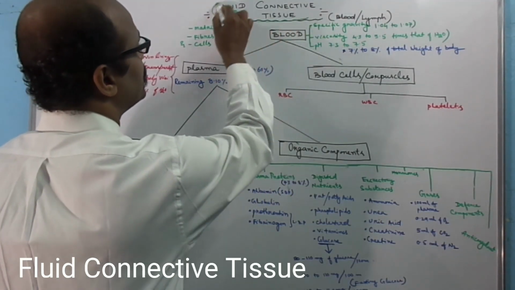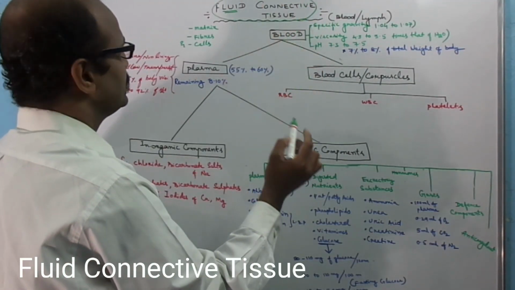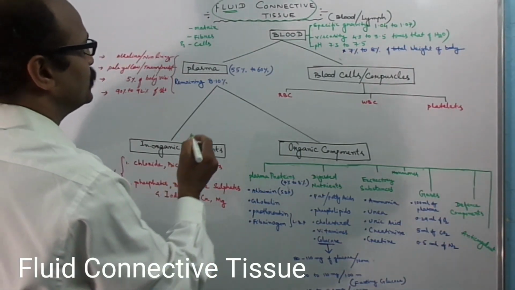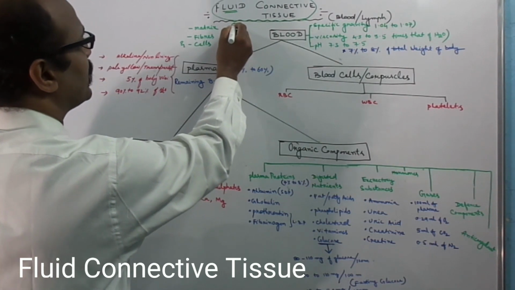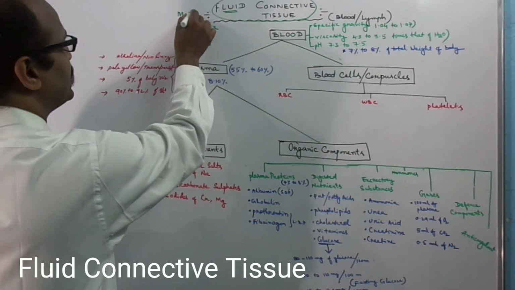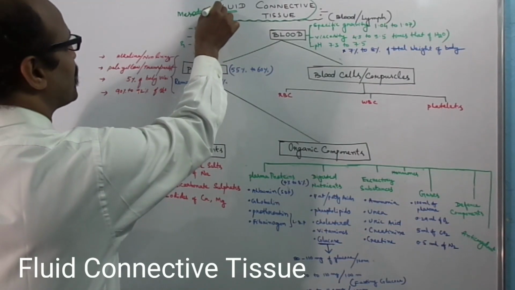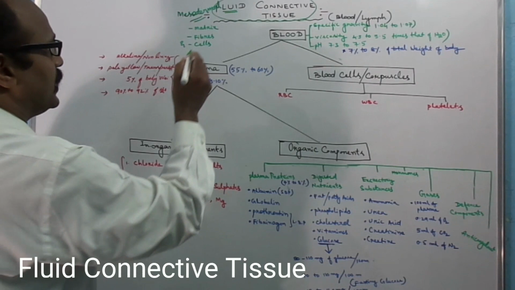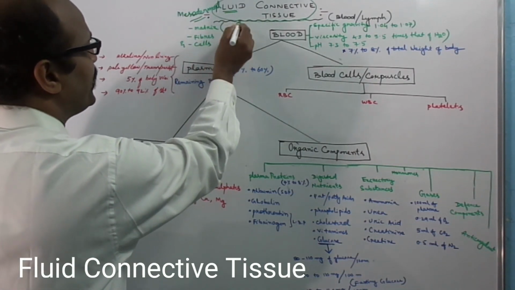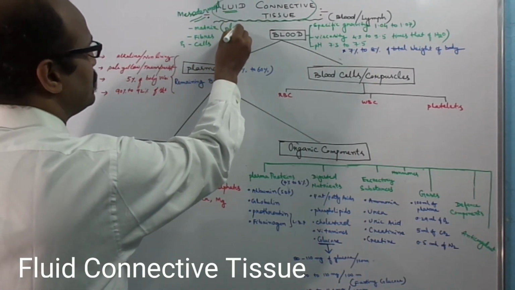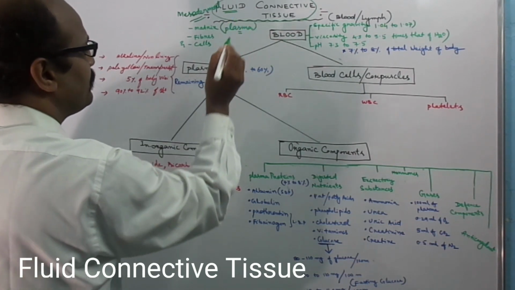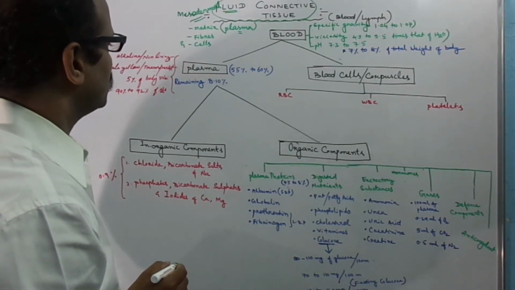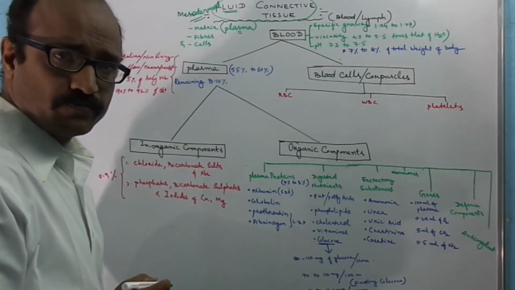Such fluid connective tissue has the important characteristic features of connective tissue, like it is mesodermal in origin. It is composed of a matrix which is fluid in nature, known as the plasma. So non-living plasma acts as the matrix or the cementing material here.